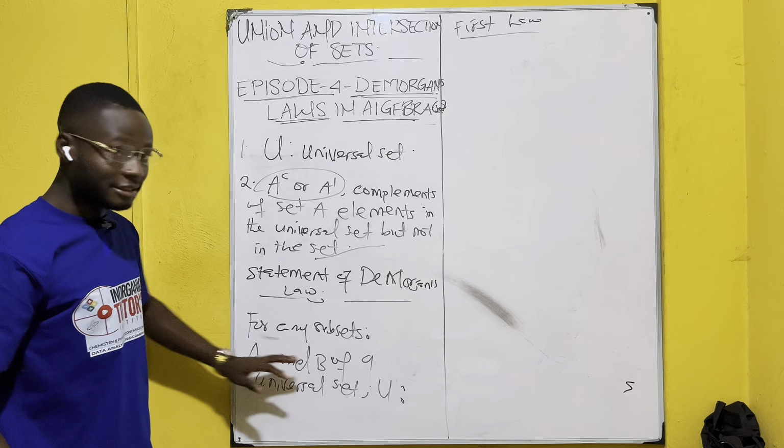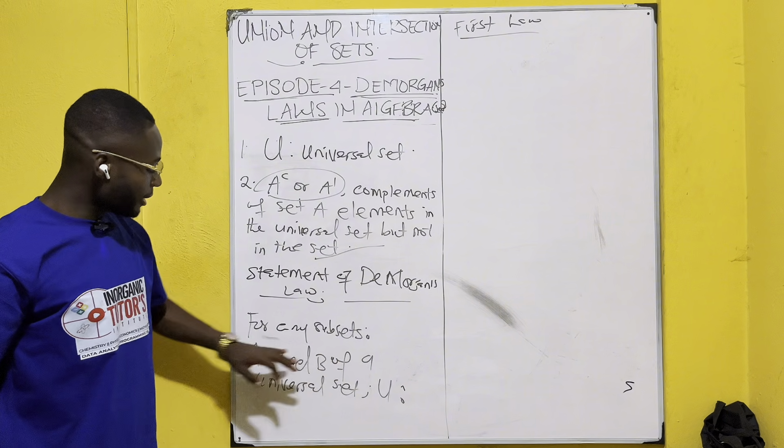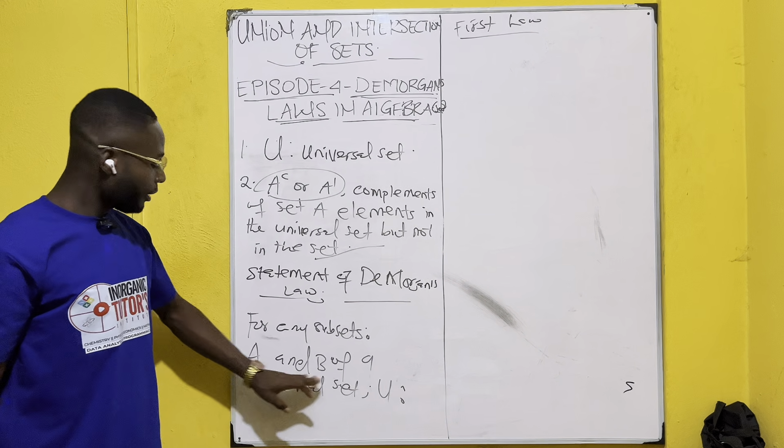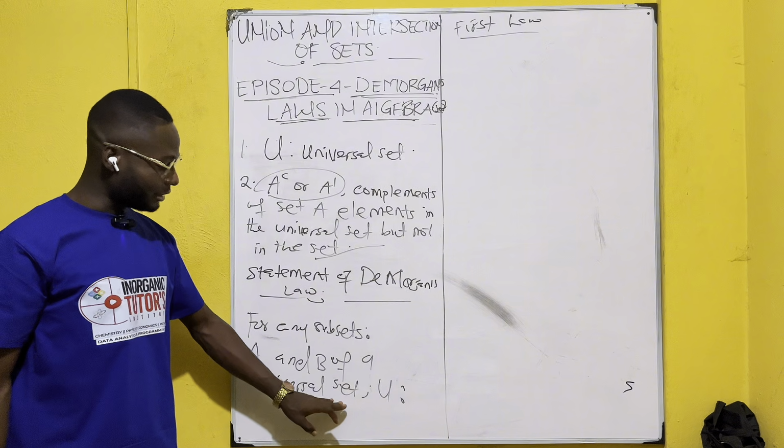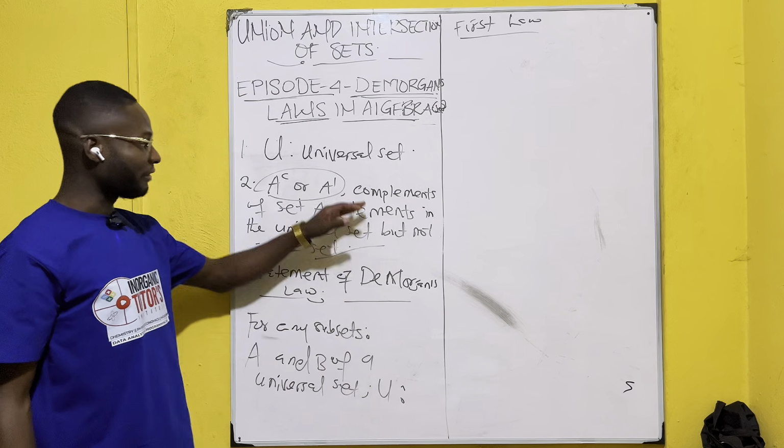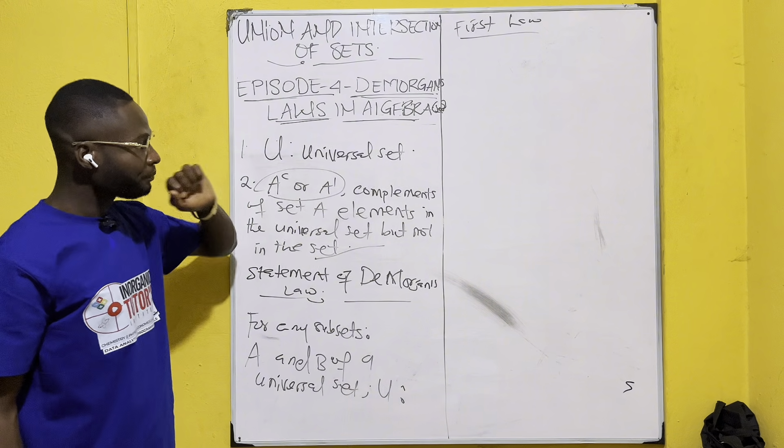So this is the statement: for any subsets A and B of a universal set, say U. We have already defined that from here.